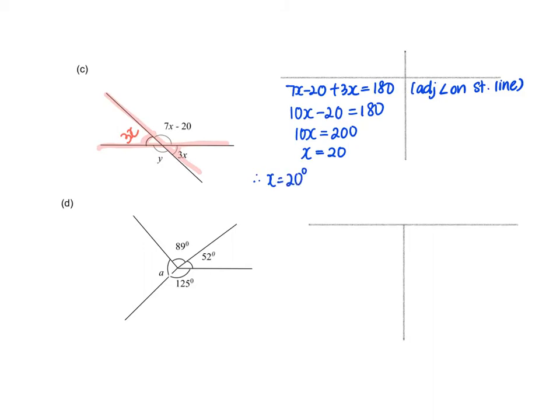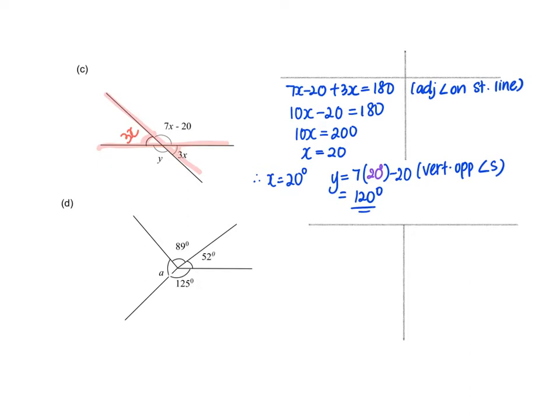So I know quite clearly y equals 7 times x minus 20. So I'll put 7 times 20 inside. And what's the reason why I know that y equals 7x minus 20? The reason is because they are vertically opposite angles. Now using my calculation, 7 times 20 minus 20 will give you 120 degrees.